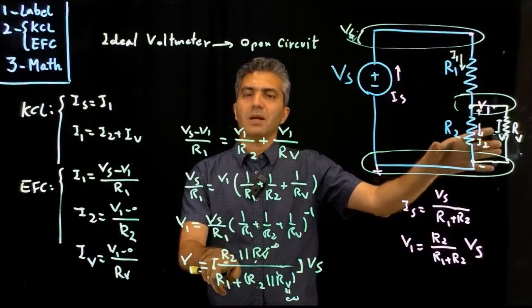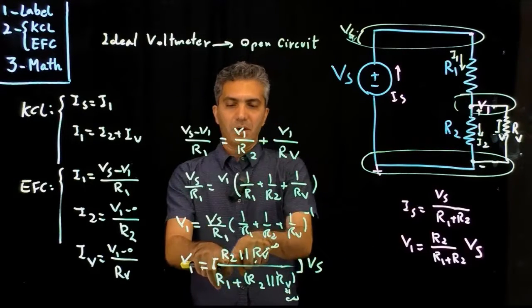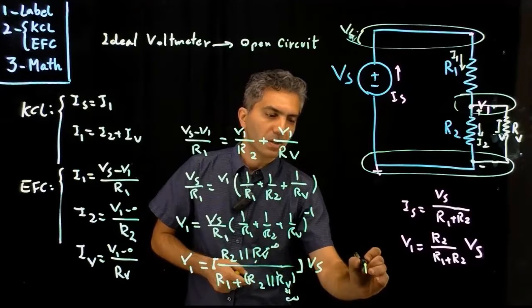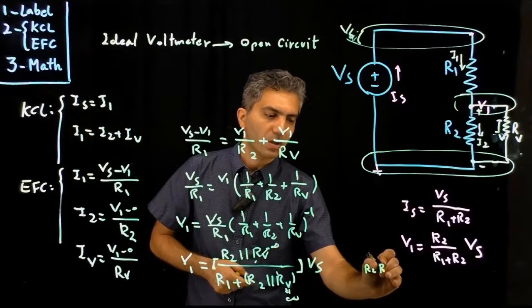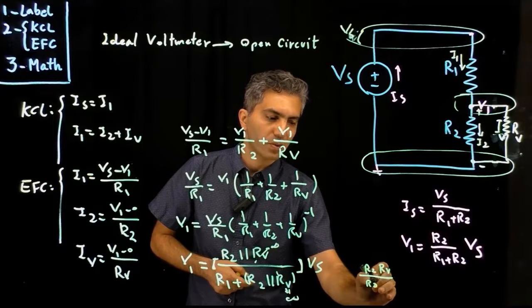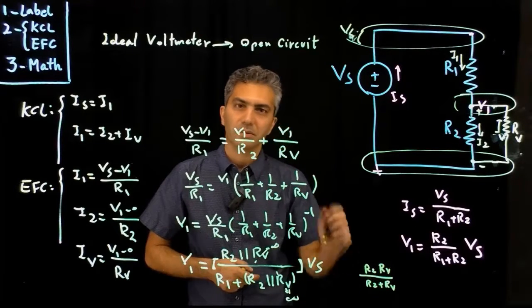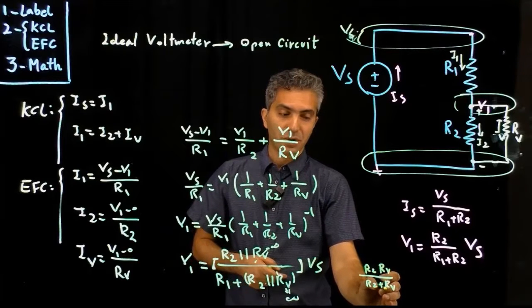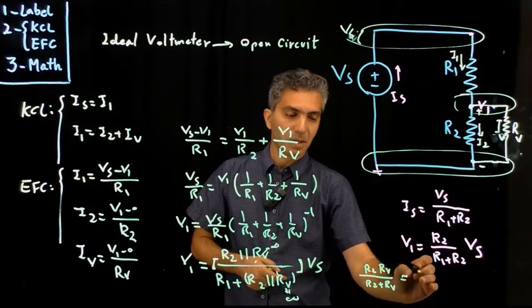the measurement is accurate. Because when R2 is in parallel with RV, the result of the two would be R2 RV over R2 plus RV, right? If RV is much larger than R2, I can approximate this.